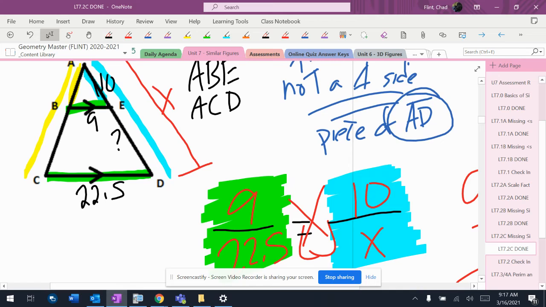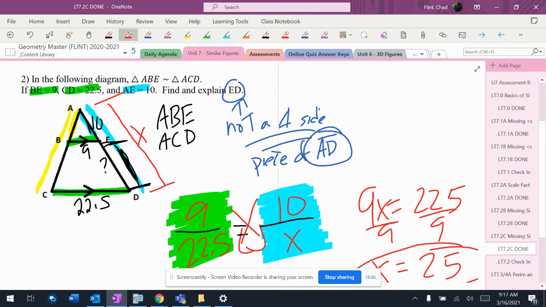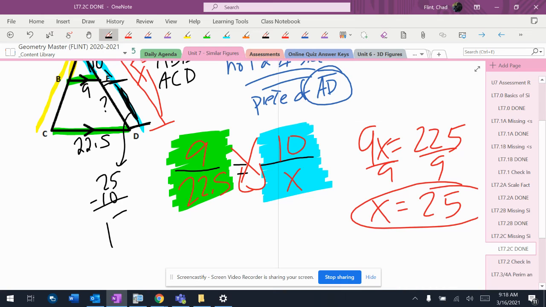It wants to know this amount right here, from here to here. Okay, and now I've got to think again. So what I know is that this is 25 from here to there. This is 10 from here to here, which means that this piece right here is 25 minus 10, which is 15. So that's my final answer.